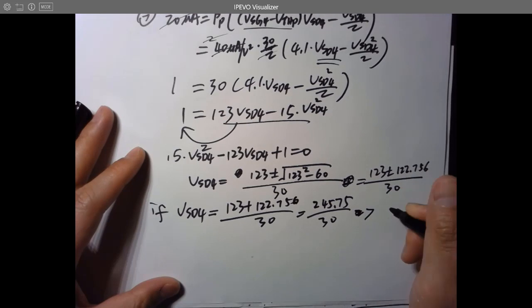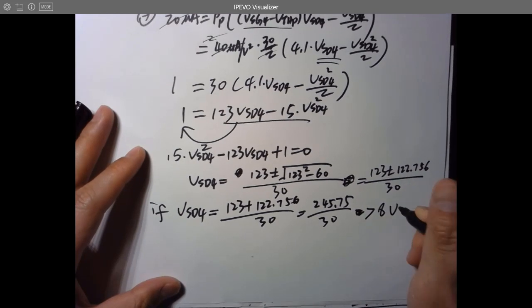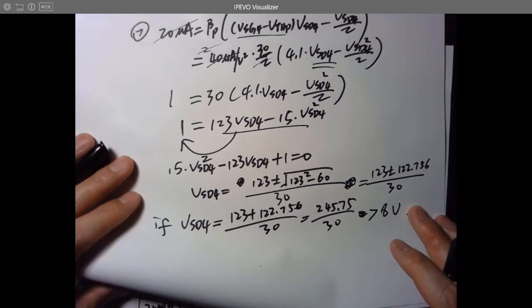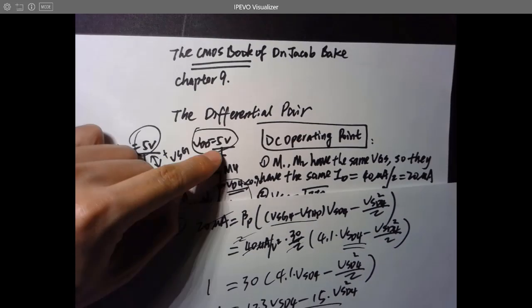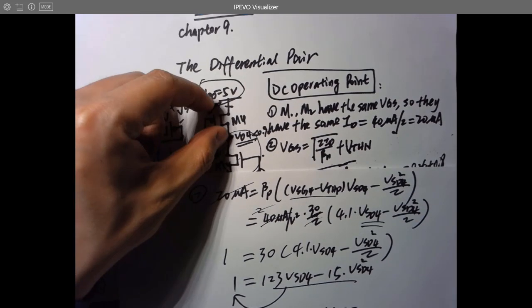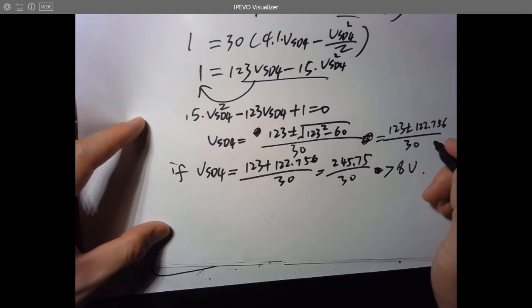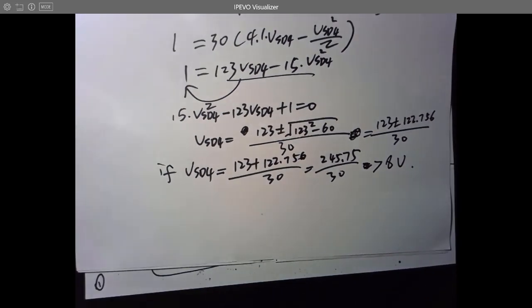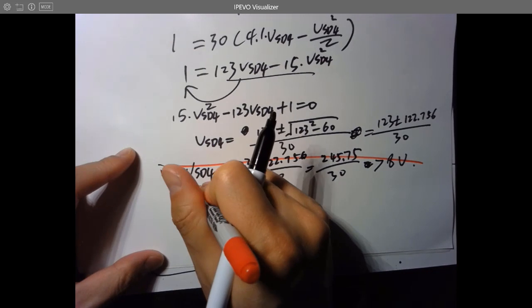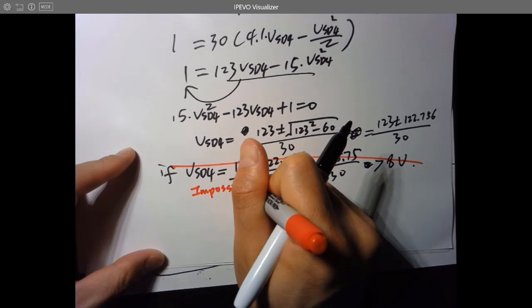This is larger than 8 volts. And that's impossible, because overall you only have 5 volts for the power supply. How can I get a voltage drop over these two terminals of 8 volts? It's impossible.